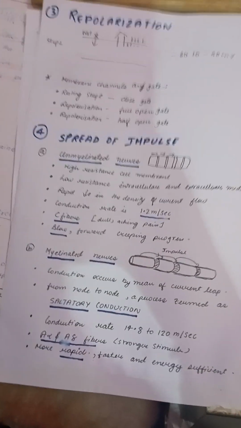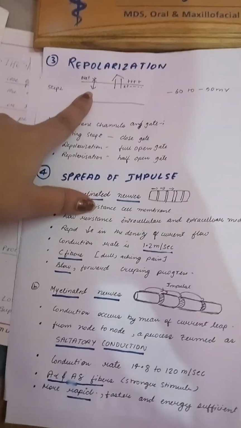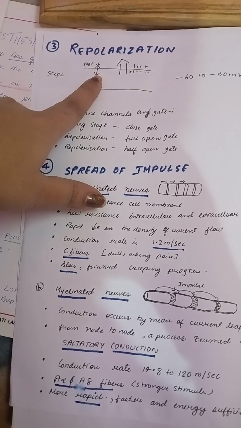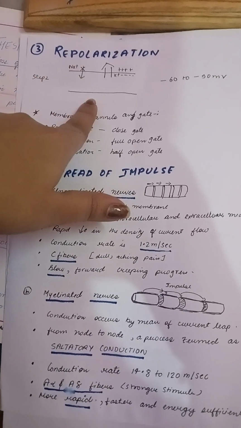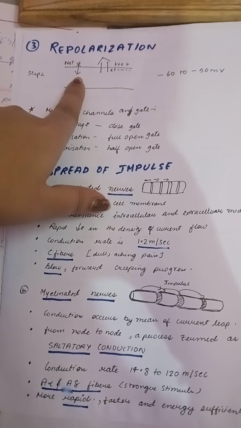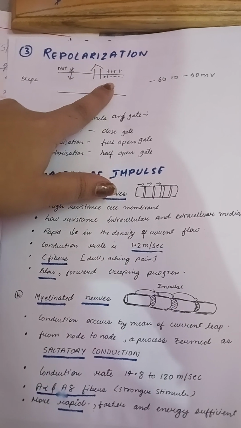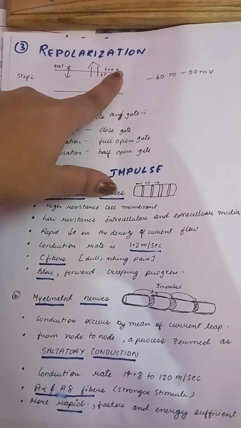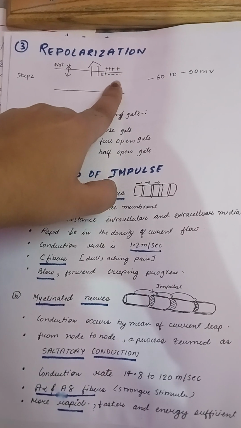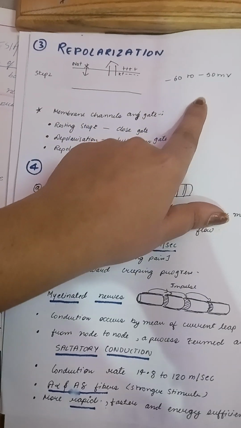Now coming to repolarization. Now the influx of Na plus ion is controlled or inhibited. Now there is outflux of K plus ion, which again results in positive charge outside and negative charge inside, restoring to normal.